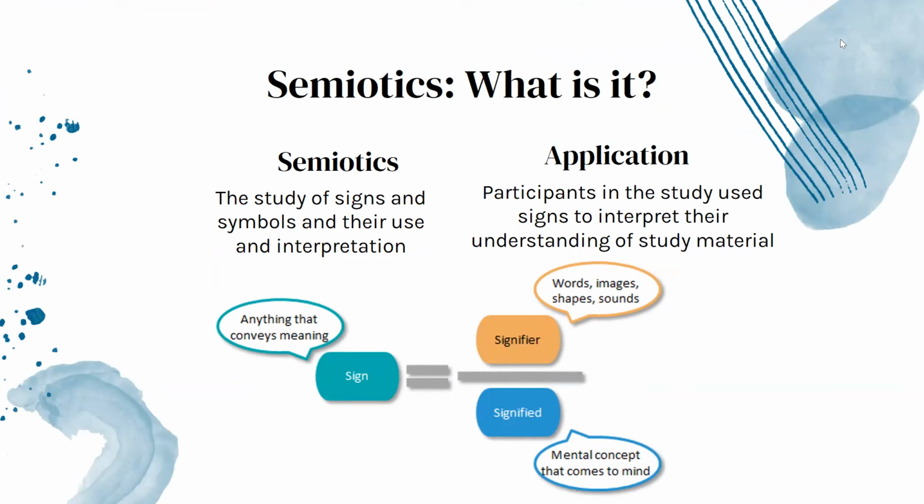And then we have a signifier, which can take the form of a word, image, shape, or sound to signify a mental concept that might come to mind. So in this study, the participants had to utilize semiotics to interpret their understanding of the material that was given to them in the study.